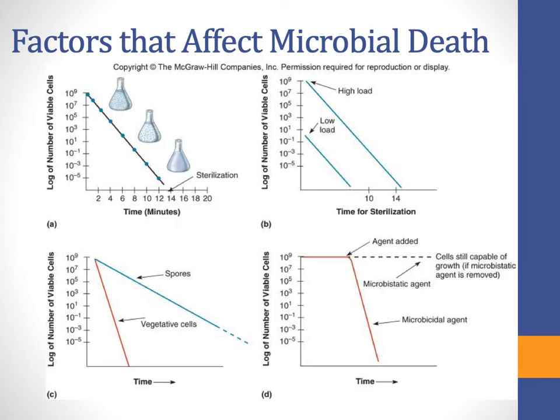Also, what's known as the load. So if we have a high amount of microorganisms or a high load, it's going to take longer in order to achieve microbial death or to get sterilization. Where if it's a low load, it's the surface that's being cleaned regularly, and we don't have a lot of buildup, we would be able to achieve sterilization sooner.